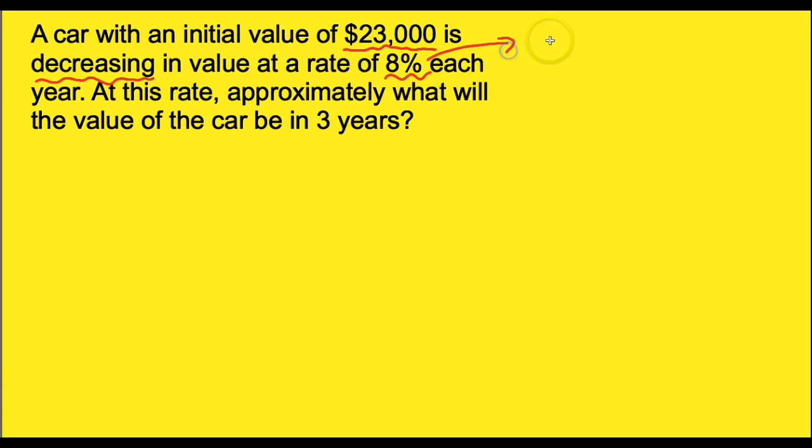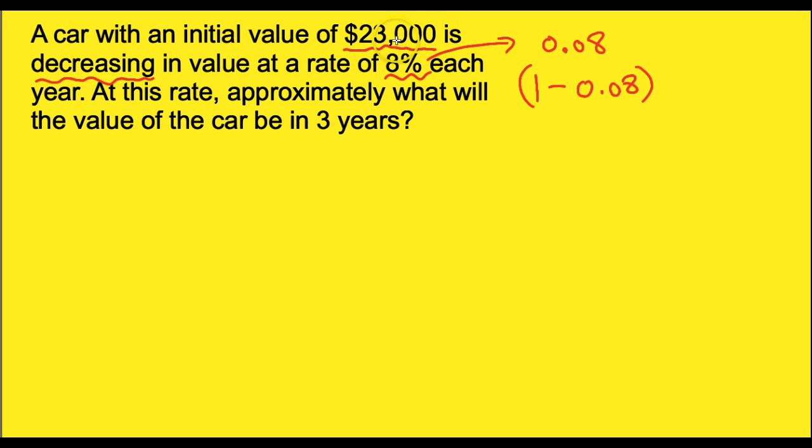So we know 8% is what? 0.08. Why do you think I'm doing this? Because we're going to have one problem that looks like this, okay? 0.08, and it's decreasing, so we have to do what? Yes, we have to subtract from 1, and that's going to be our rate.